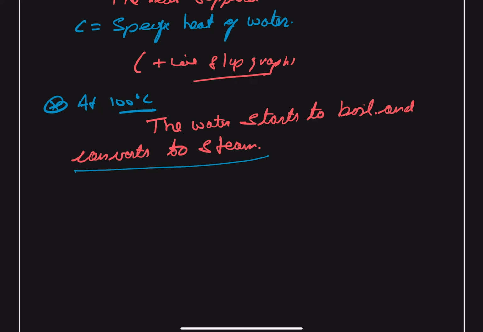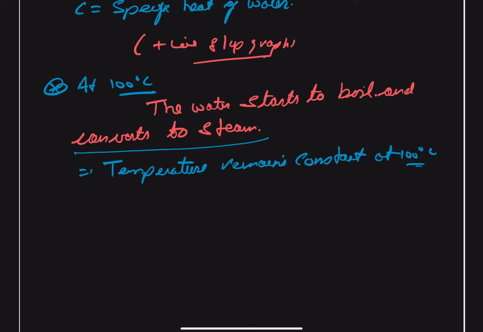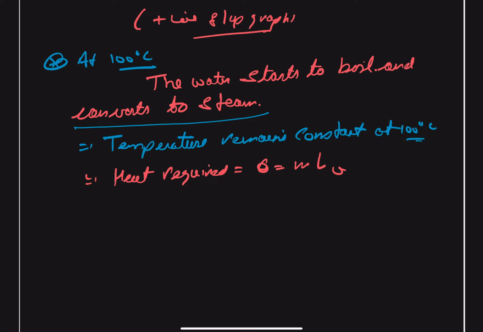Therefore, the temperature remains constant at 100 degrees centigrade, and once again the heat required is given as Q is equal to m multiplied by LV, where this LV is the latent heat of vaporization.